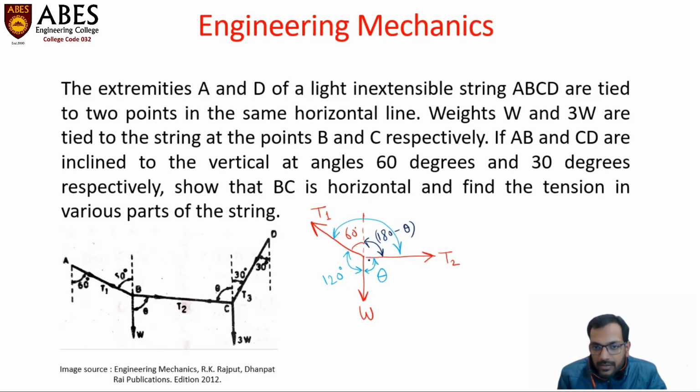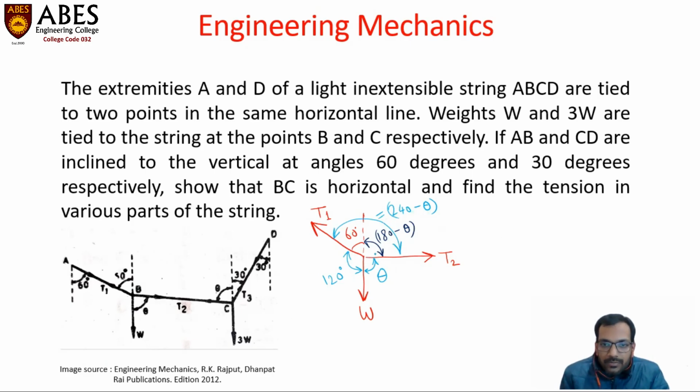So the total angle between T1 and T2 becomes 180 minus theta plus 60 degrees, which is equal to 240 minus theta degrees.